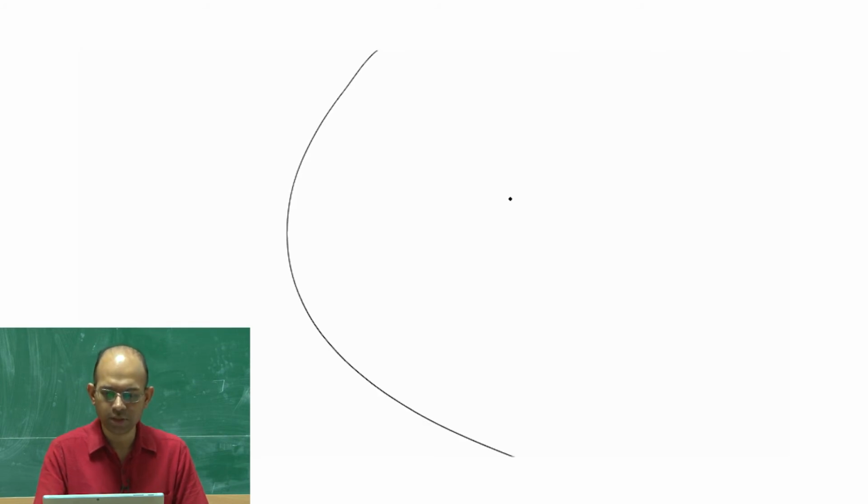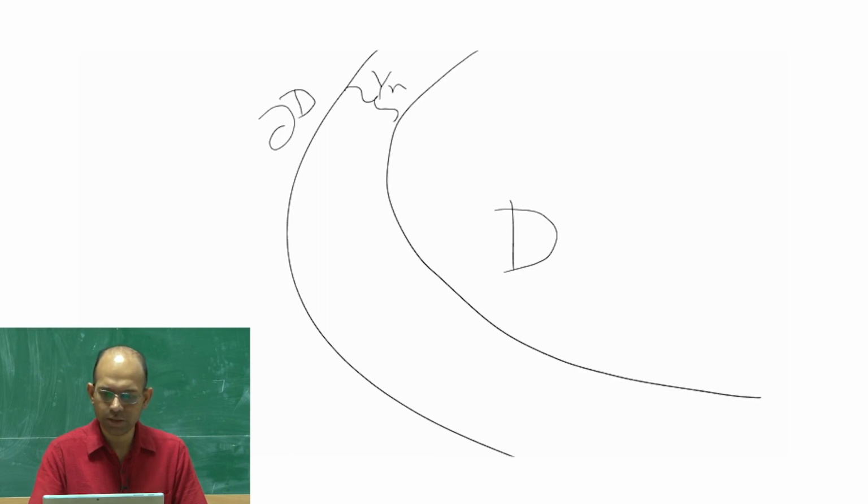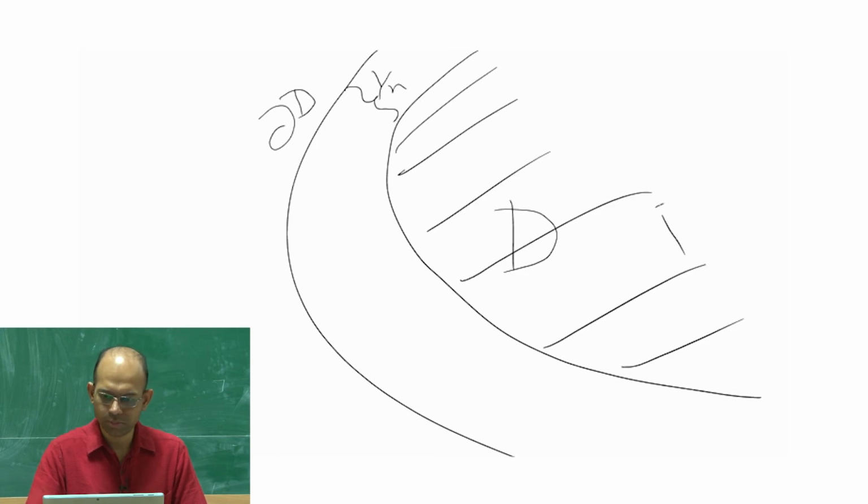If this is D, and this is the boundary of D, and this much distance is 1 over n, then this part would be D_n. This whole thing is D.